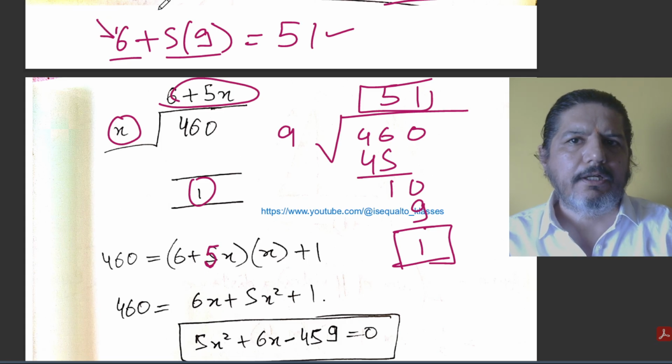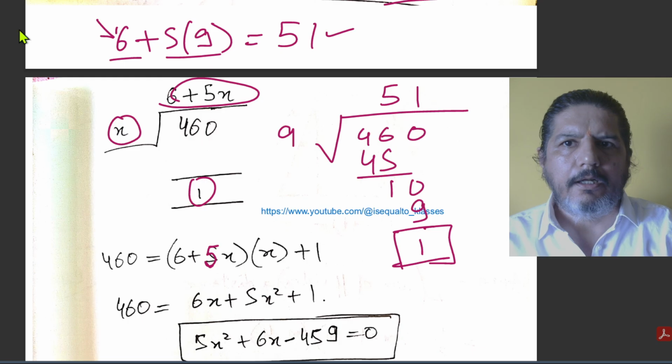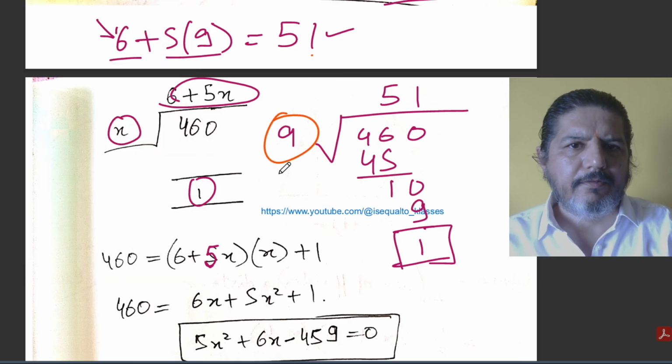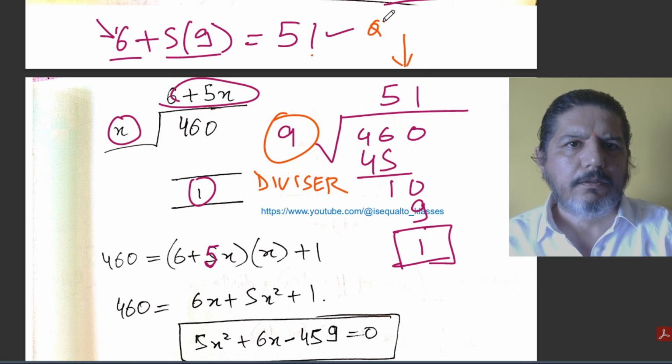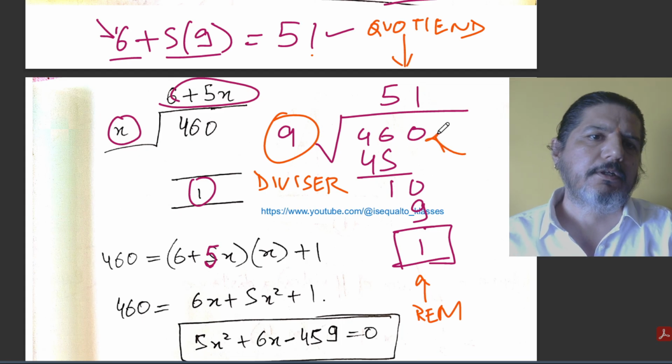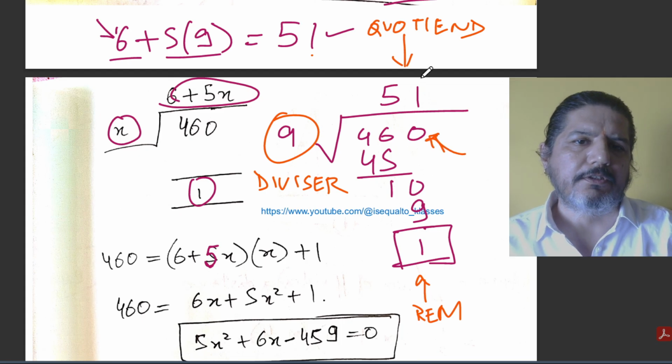So everything is fine, our answer makes sense. This is our divisor, this is our quotient, this is our remainder, and this is the dividend. Hope this is making sense.